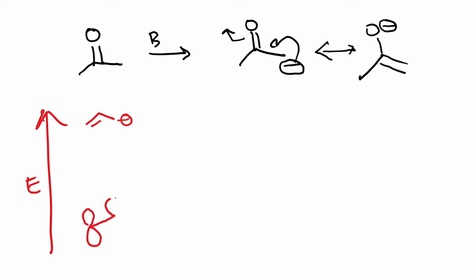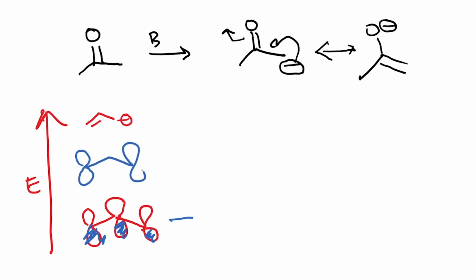There are 3 p orbitals which are mixed and these are shaded, and this is your psi1, and the next one is this where you have a node. Okay, I think all of you know what a node is. So this is psi1 and this is psi2. Now when these electrons are filled, you get a system like this where you have this allyl anion.